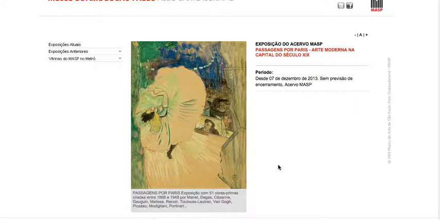So we have Cézanne, Manet, Renoir, Van Gogh, Picasso, and others here in exhibition at the São Paulo Museum of Art. So if you come to São Paulo, please take a look at this museum and then go to Paulista Avenue. So it is still being exhibited here in São Paulo.